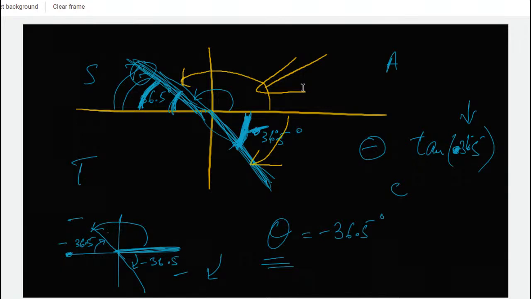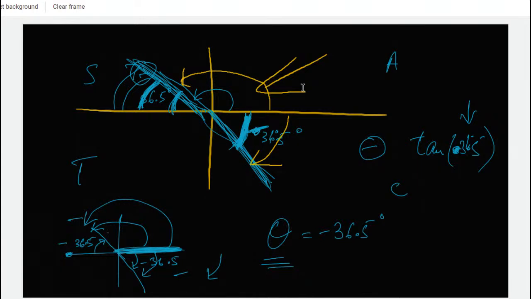If I'm calculating all the angles from over here, so this one I took as minus 36.5, this is going to be positive, 180 minus 36.5. Does that answer your question in some way?